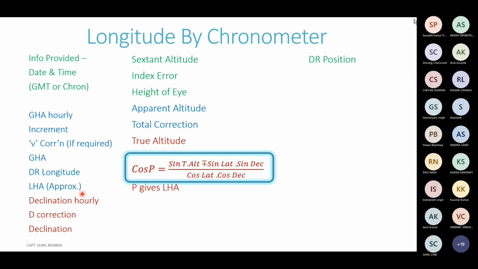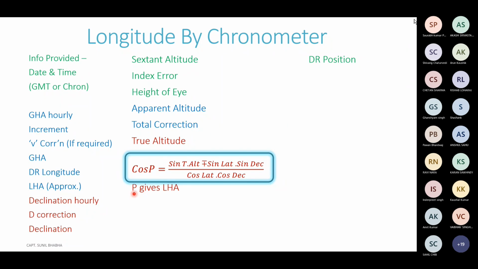Usually in 90% of the questions, this will be within a degree. That means whatever LHA you have calculated, you will get one of these values, either P or 360 minus P, within a degree of the approx LHA.